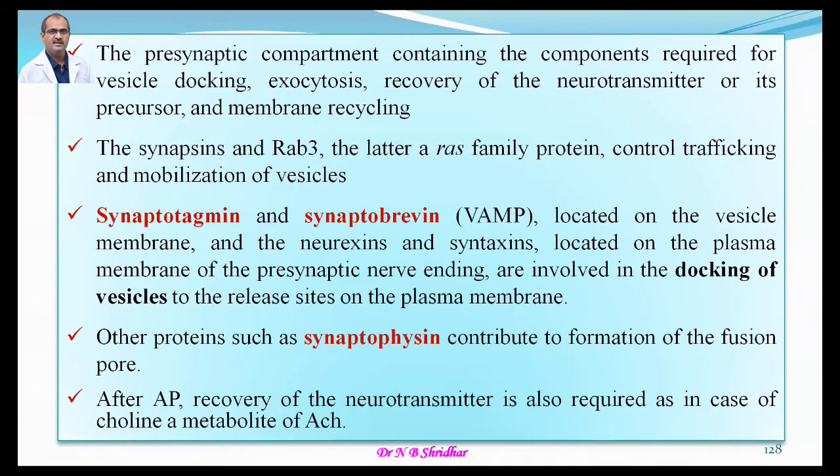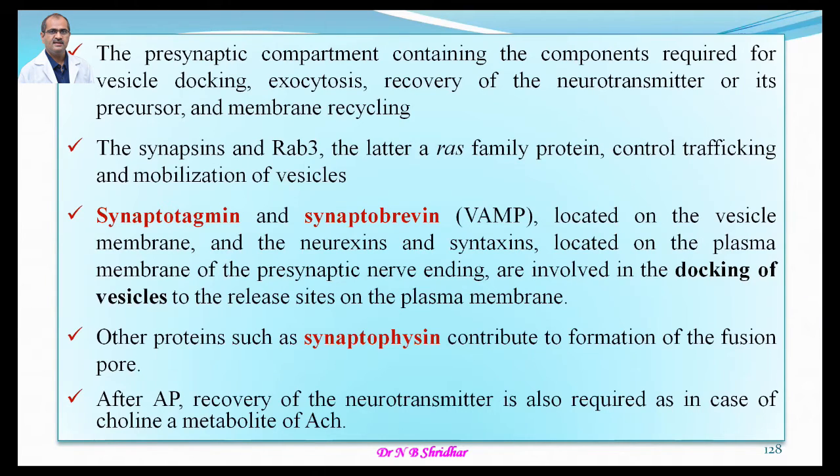The important substances like synaptotagmin and synaptobrevin are located on the vesicle membrane, and neurexin and syntaxin are located on the plasma membrane of the presynaptic nerve ending, and these are involved in the docking of the vesicle. Docking means joining the vesicles. So these are known as the docking complexes: synaptotagmin, synaptobrevin, syntaxins and neurexins.